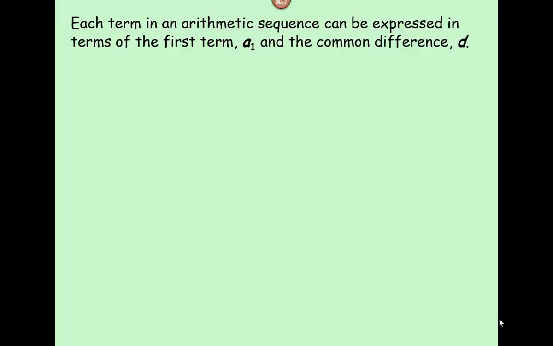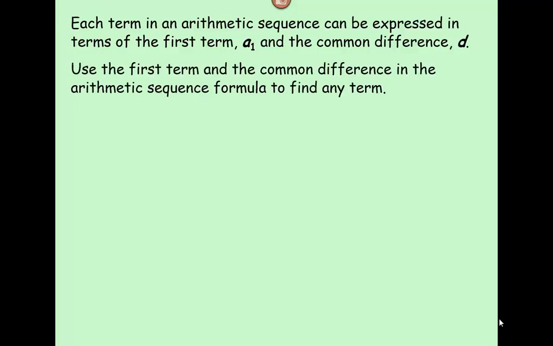A sub 1 would be the first term, a sub 2 would be the second, and so on. We said that we are going to represent the common difference with the letter D. So, we're going to use the first term and the common difference in a formula that will find any term for us. This was the equation that we said.